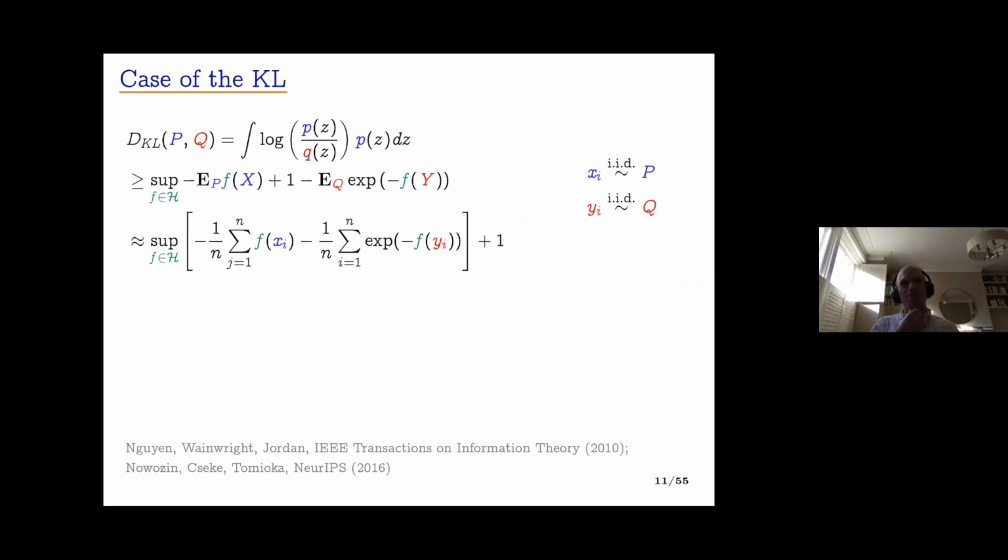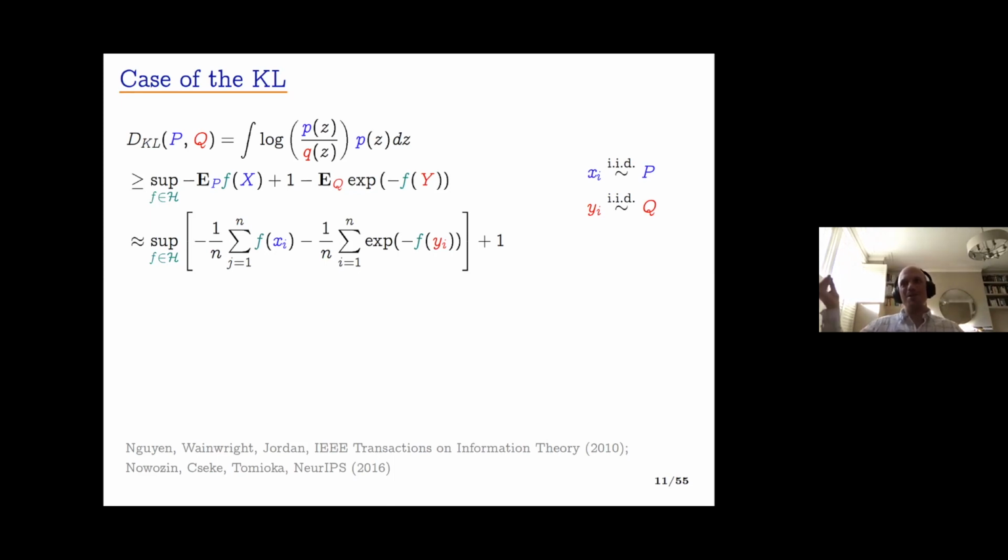And so you've got this F, which is a function from some class of smooth functions, which we're going to choose in such a way as to maximize this lower bound. And so even if P and Q are disjoint, I can still learn a smooth function which is going to make this lower bound as large as possible.